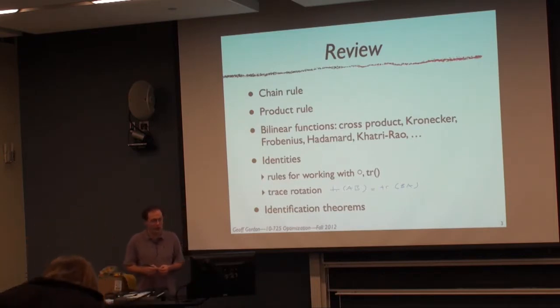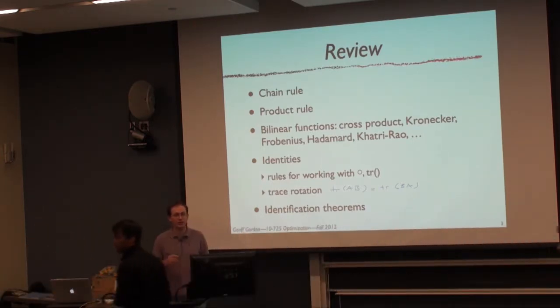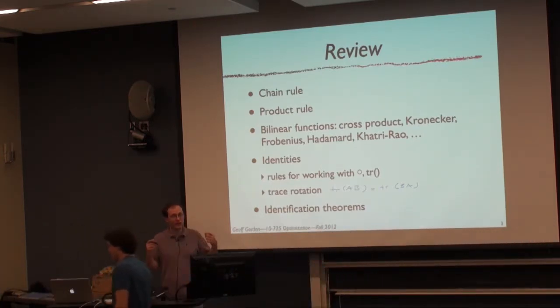And also we learned about identification theorems. So identification theorems are ways to take the matrix differential and read off one of the standard notions of derivatives. And there are 6 different identification theorems for the 6 different types of ordinary derivative that you can express using the matrix differential notation.